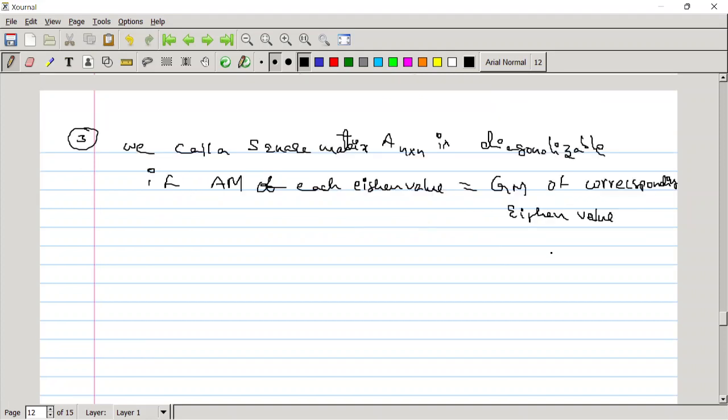So for each option we will check whether it is diagonalizable or not.